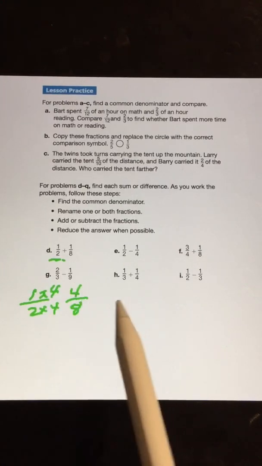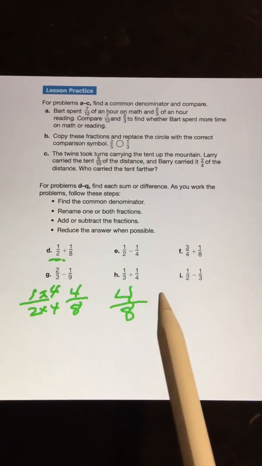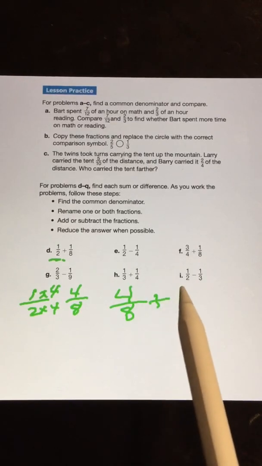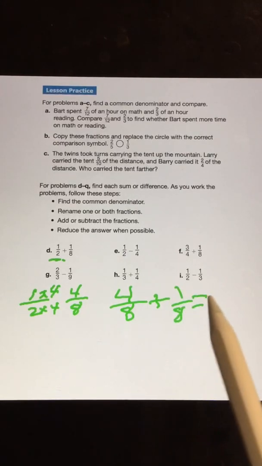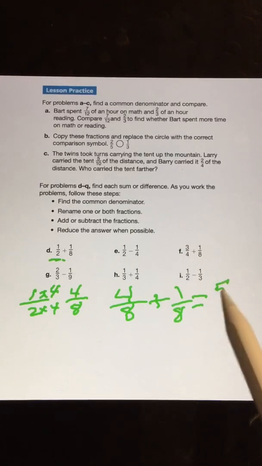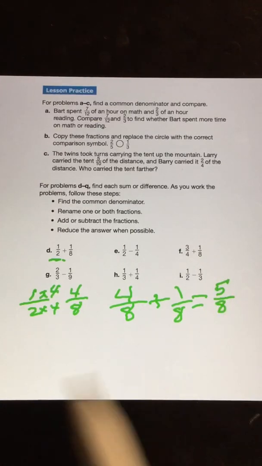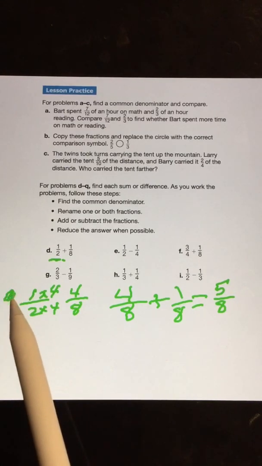So I am going to do 4/8, which is completely logical because 4 is half of 8, plus 1/8. And what do I get? I get 5/8, correct? All right, this is number 1. Or A, shall I say.